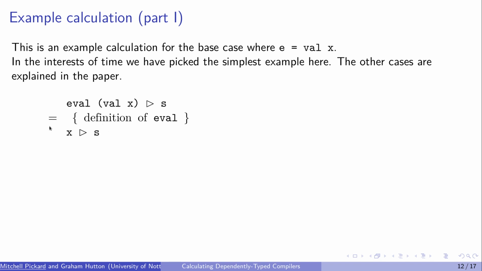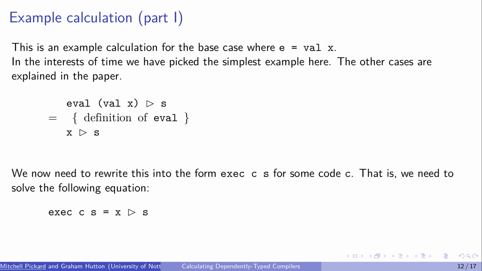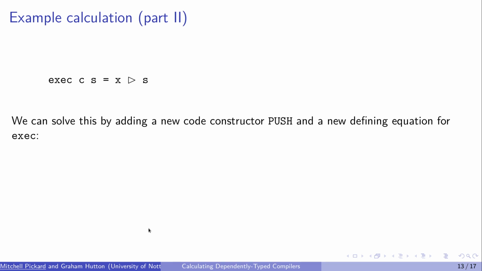Now we're a little bit stuck. There's nowhere obvious to go from here, but we can remember that our aim is to rewrite this into the form exec C S. So we need to essentially solve this equation, which will allow us to rewrite the right-hand side into the left-hand side. And we can solve this because this C is existentially quantified.